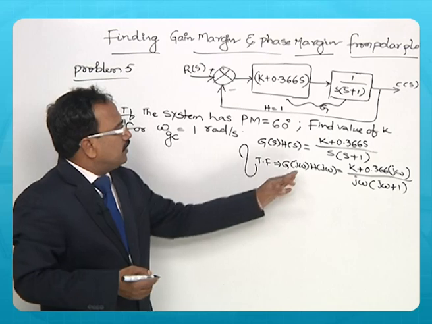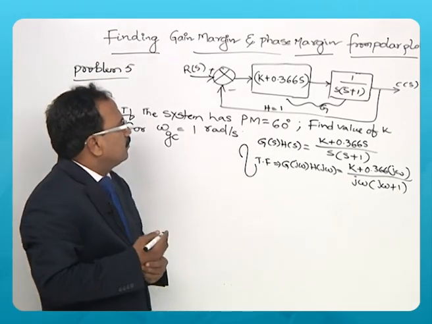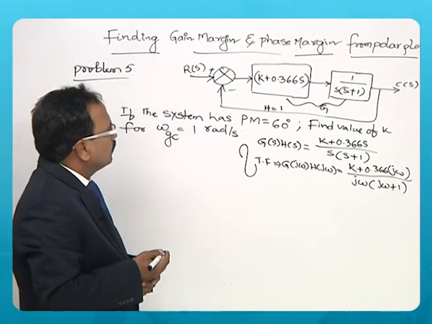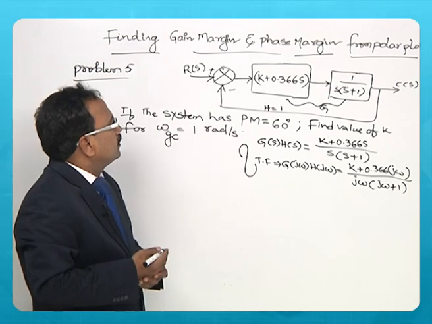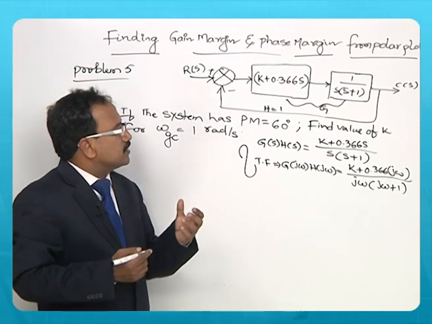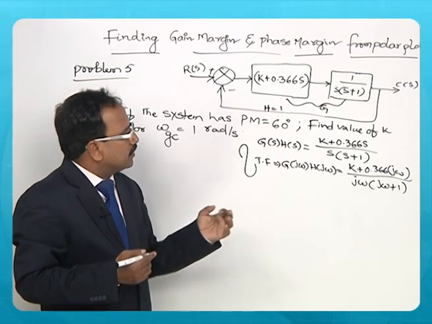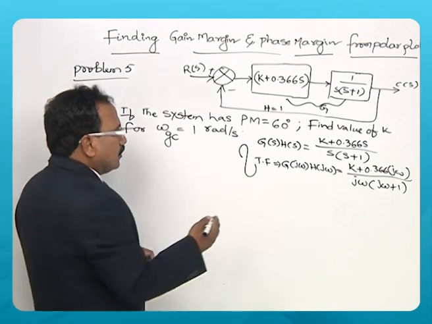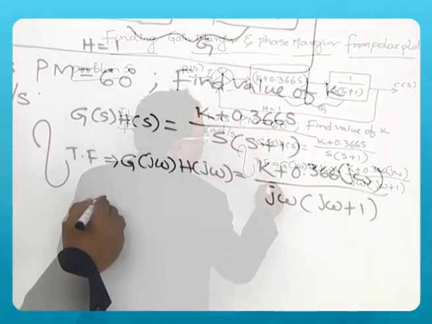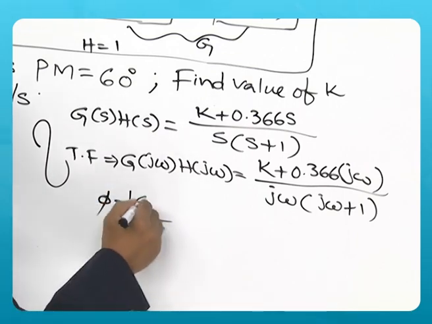So we can write separate terms for magnitude and phase angle for this function also. Now we need to equate the phase margin term to 60 degrees, and from that find the value of K. For that I must know the phase angle contribution of this system.